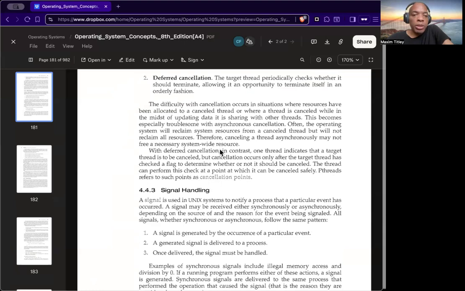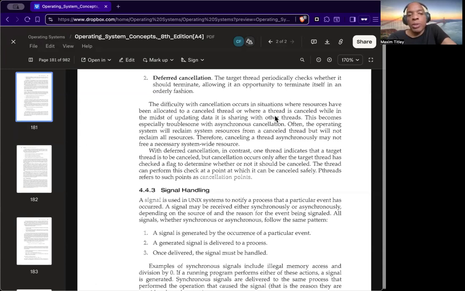And in this particular case, if a resource is allocated to a canceled thread, or a thread is canceled while in the midst of updating data it's sharing with other threads, then you're going to have some complications, right? And in the case that we're having something like asynchronous cancellation, where some threads are canceled, others may be farther along in their execution, the operating system will then reclaim system resources from canceled threads, but will not reclaim them all, right?